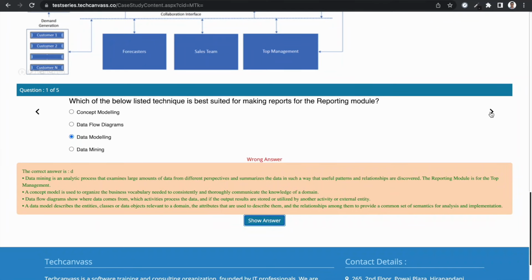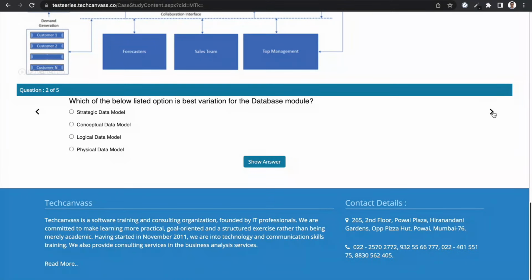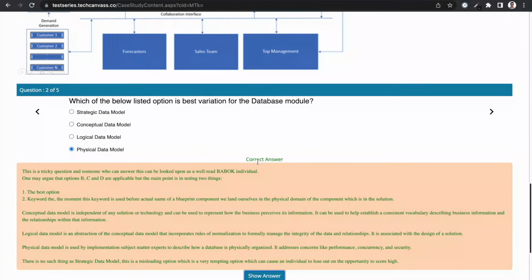Let's move on to the second question. The second question says, which of the below listed options is the best variation for the database module? The options are strategic data model, conceptual data model, logical data model, and physical data model. Let's look at the answer. Well, this is a tricky question, and one who has read the book quite well would be able to answer it.